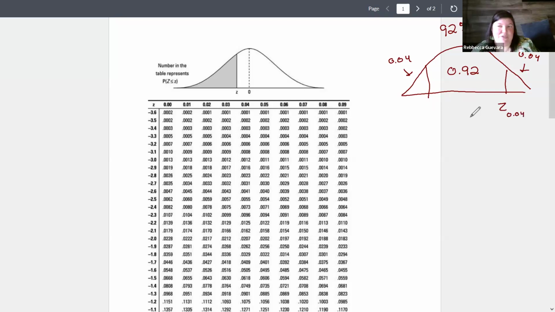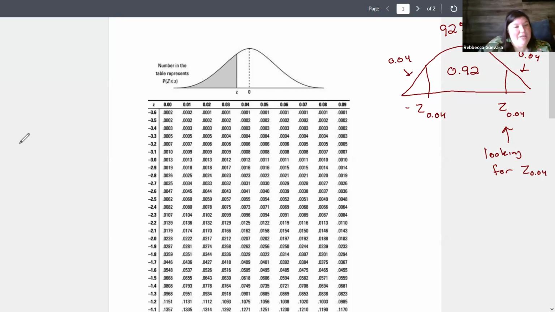Once we have it, then we know what this one is. But also remember that we have this z-score over here, the negative version, and these are equal. It just changes from negative to positive, the sign changes.